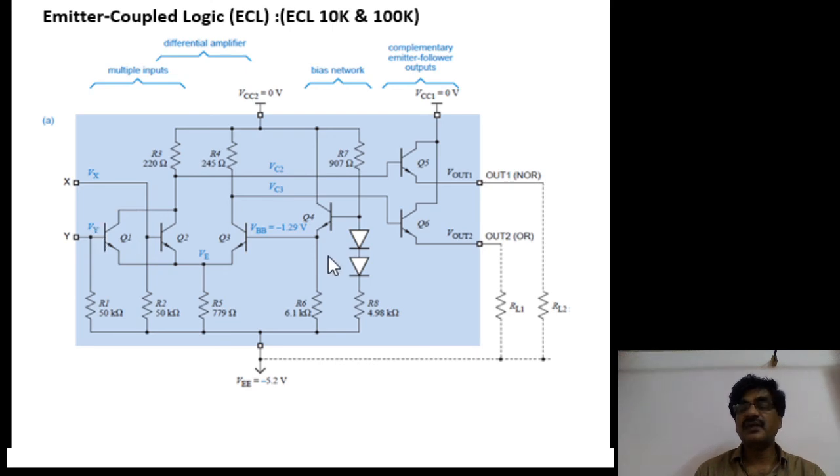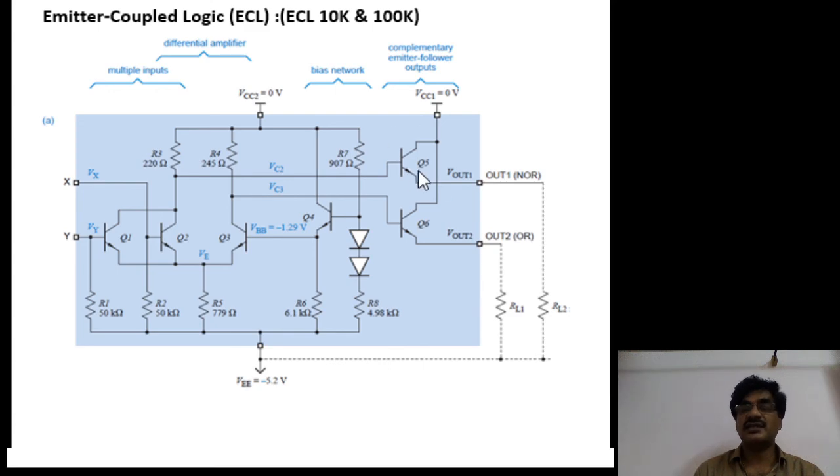And what is the purpose of transistors Q5 and Q6? Their purpose is to provide emitter follower output. You already know the emitter follower provides very low output impedance and can drive large current. That is the advantage of using an emitter follower.